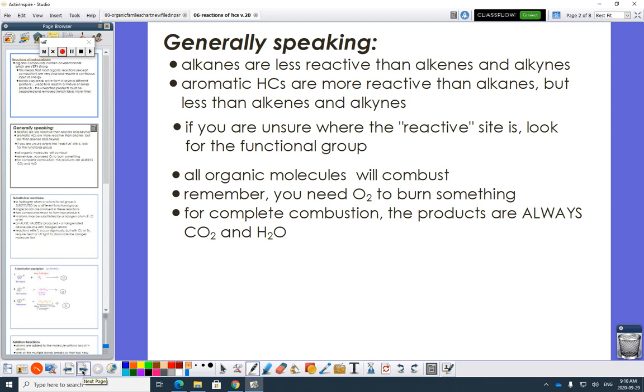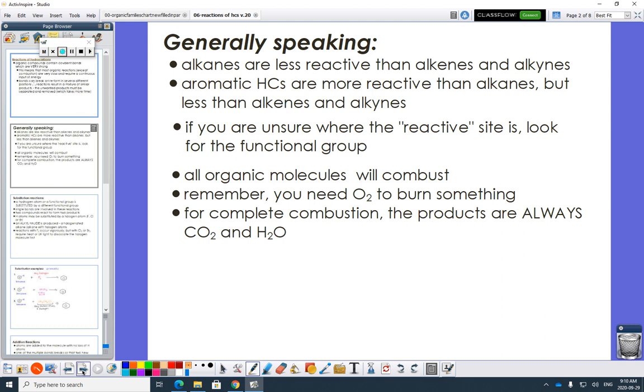Okay, so alkanes, because they have single bonds, are less reactive than alkenes and alkynes. Aromatic hydrocarbons, which have benzene, are more reactive than alkanes, but the double bonds are not going to break. I'm not going to ask you to rank based on reactivity, but you'll see that we're going to look at more reactions that involve double bonds than single bonds.